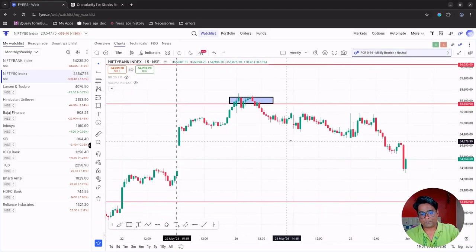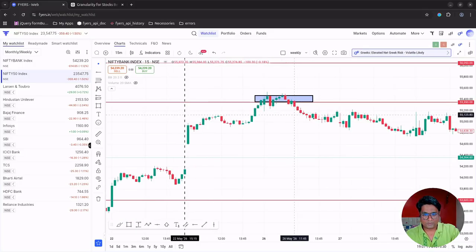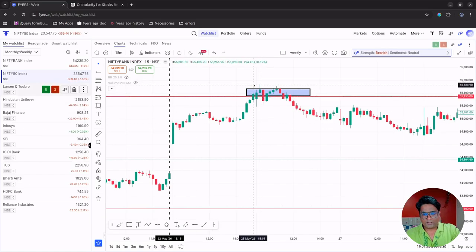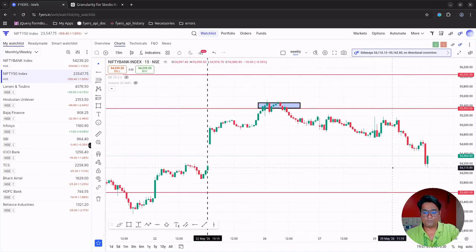With this candle right here, kind of an evening star candle, it created resistance. This was again a retest, and with this breakdown candle, the reversal was confirmed. The market stayed below 55,350 for the whole week.